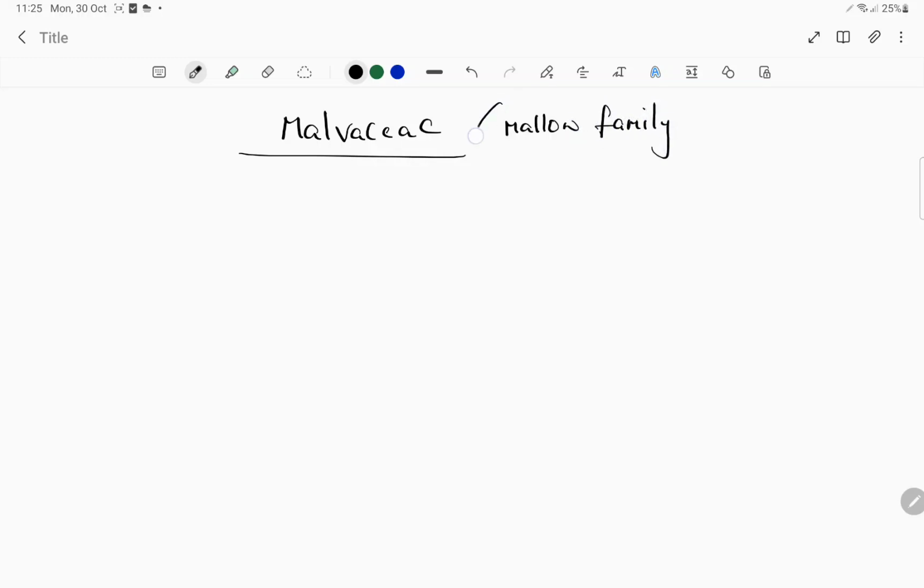The very famous plant from this mallow family is China rose, and other famous ones are okra, cotton, and durian, which is famous for its fruit. These are the well-known species of Malvaceae, and most of them are used as ornamentals also.